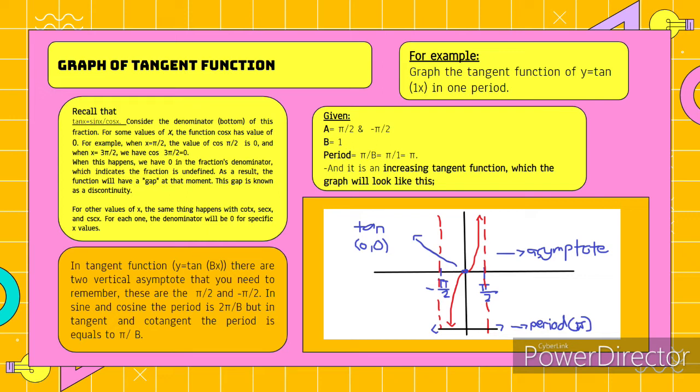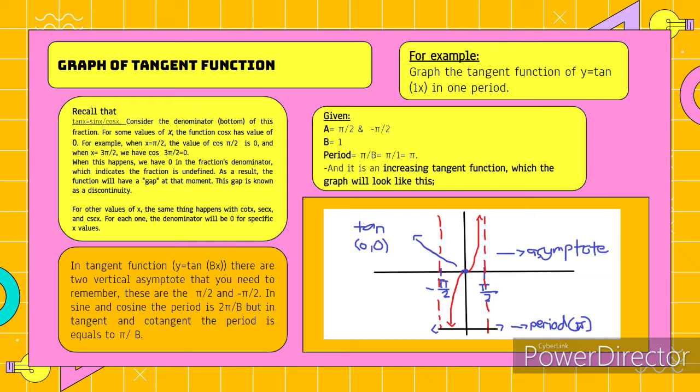For example, when x is equal to pi over 2, the value of cosine pi over 2 is 0. And when x is equal to 3 pi over 2, we have cosine 3 pi over 2 is equal to 0. When this happens, we have 0 in the fraction's denominator, which indicates the fraction is undefined.